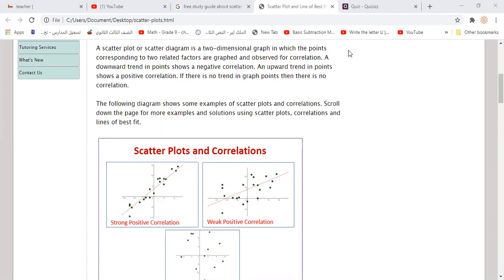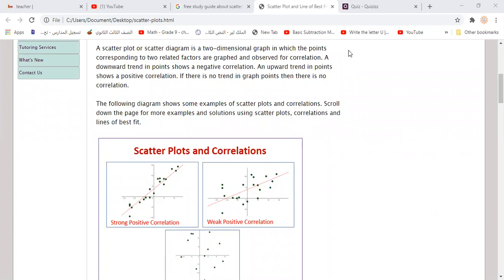We said a downward trend in points shows a negative correlation. An upward trend in points shows a positive correlation. If there is no trend in graph points, then there is no correlation.